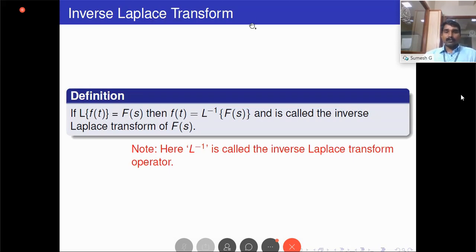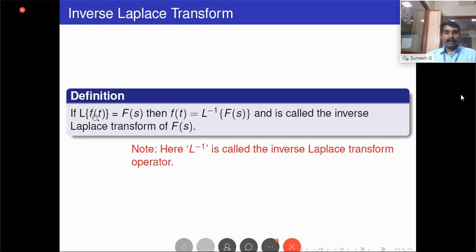Inverse Laplace transform. Definition: if L of f of t equal to capital F of s, then f of t equal to L raised to minus 1 of F of s, and is called the inverse Laplace transform of the function capital F of s.